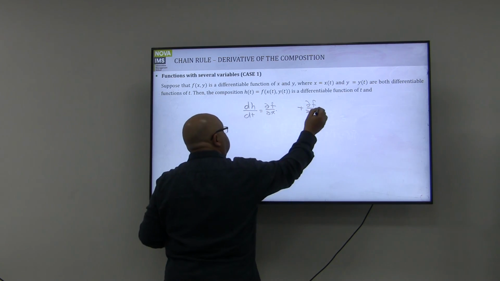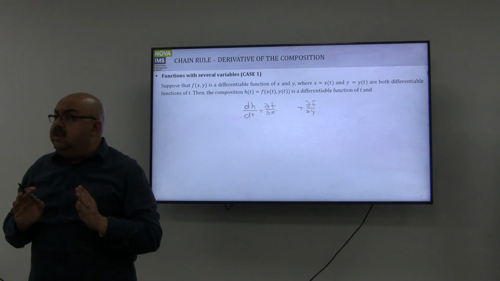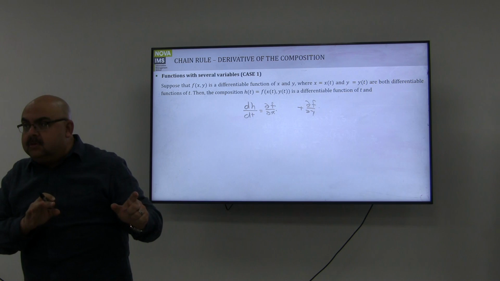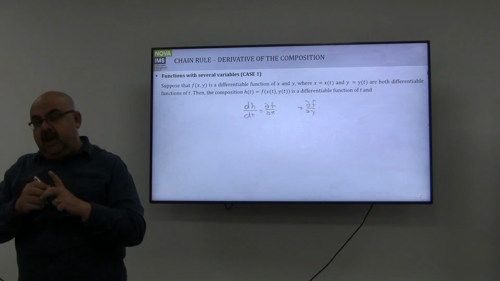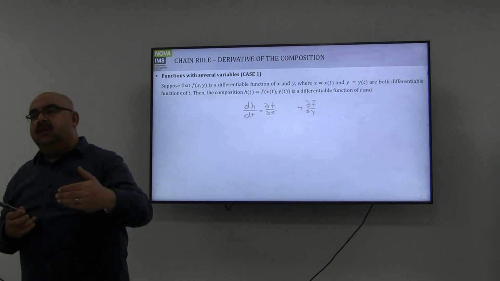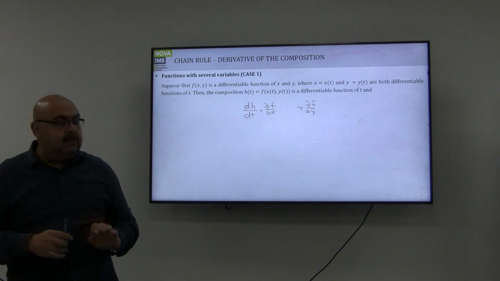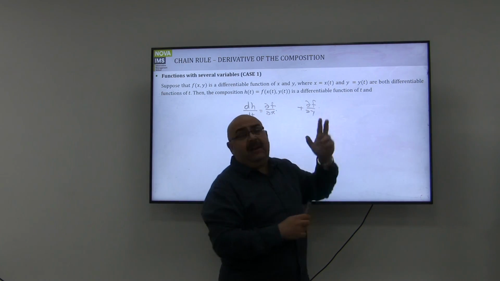Omar, pay attention please. So the first step, all I have to do is to differentiate the function with respect to its variables. As h is a function in x and y, this is why I have differentiated with respect to x, then added the derivative with respect to y. The second step, both x and y are functions in one variable.